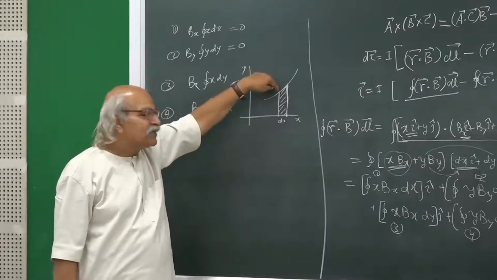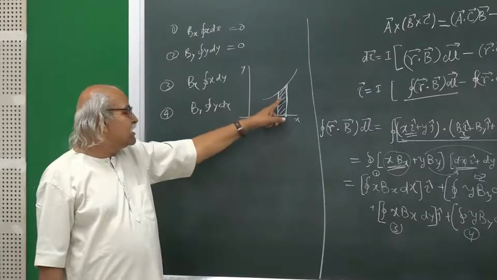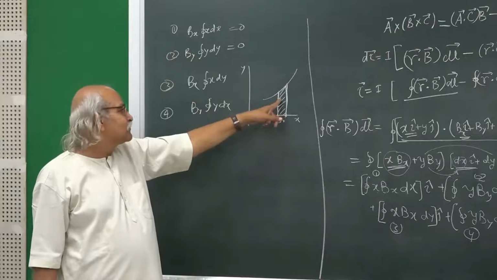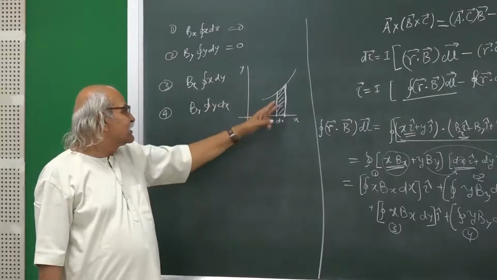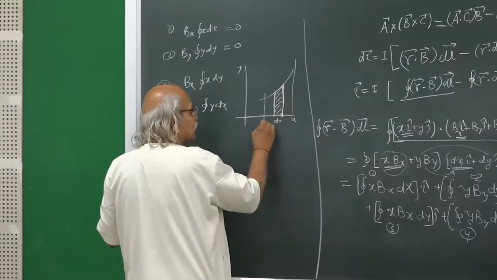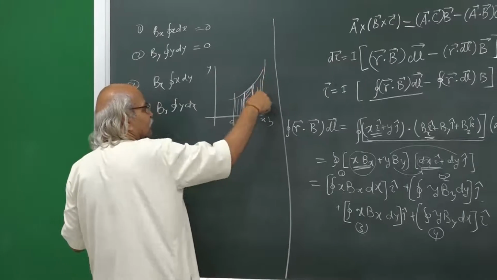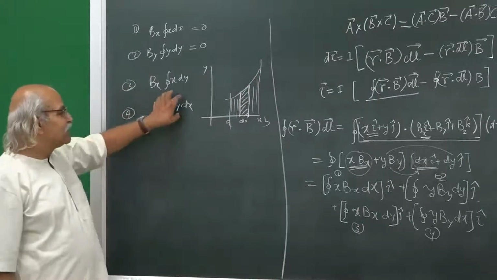As dx tends to 0, this description gets better and better. So this y times dx is this area. If you go from this point to this point, a to b, and add all these areas, that is the definite integration.